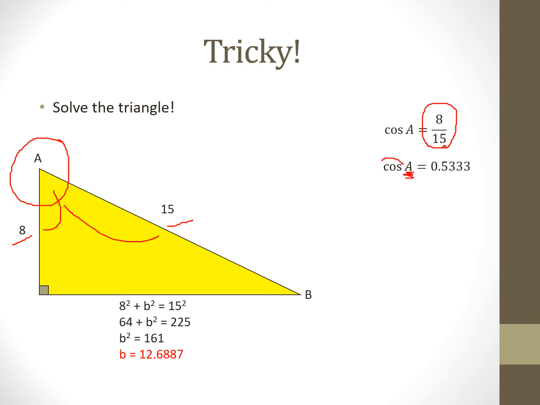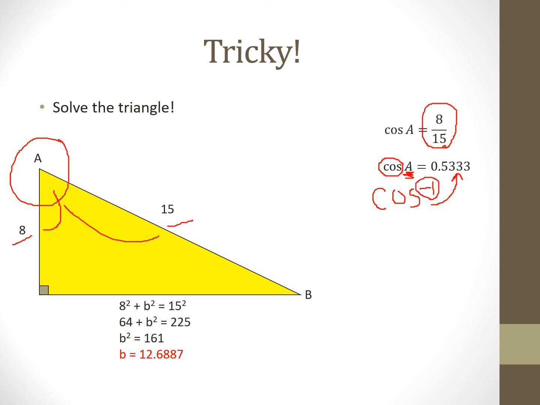And at this point, you have to ask yourself, how do I solve for A? How do I get rid of cosine? Well, this is what we've been working for. To get rid of the cosine, you have to do what's called cosine inverse. So we've been working on the inverses. So on your calculator, at least you don't have to memorize the unit circle in this case. You're going to punch in cosine inverse.